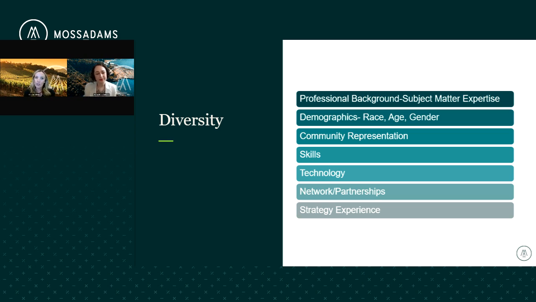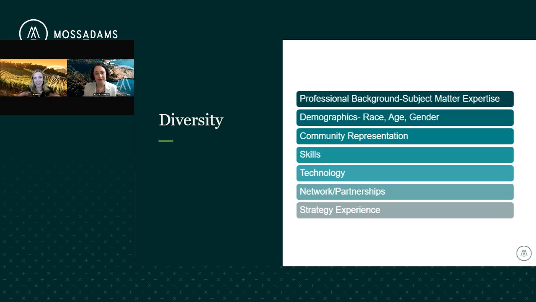Thinking about your board's network and partnerships and where that lives within your board of directors. And then strategy experience, which this one is often overlooked, but I think is a really important one, especially being able to think big picture, especially if you are in an advisory board.